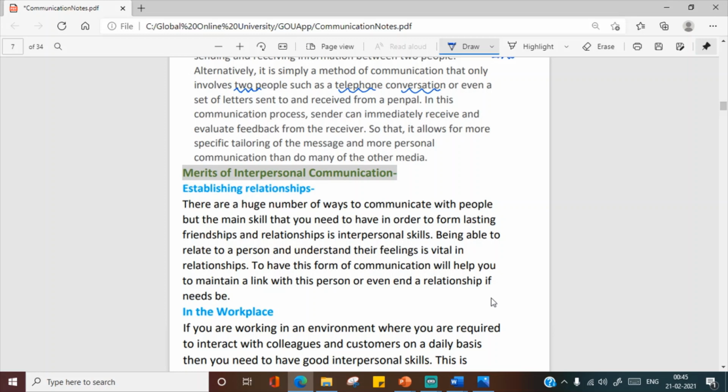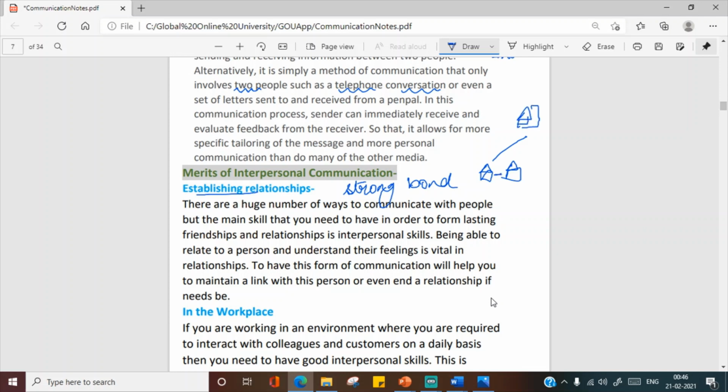The first merit is establishing relationships. If you spend a lot of time communicating with some person, you are prone to make a strong bond with the other person. If you have two friends, one lives very close to your house, and one friend you have very far away in some other city, so his house is very far, right?